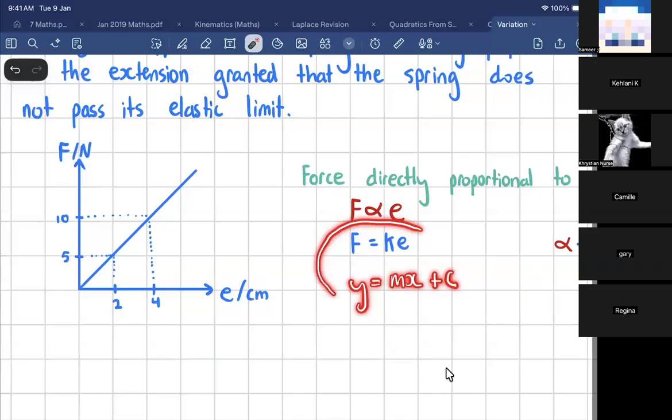So when you compare y equals mx plus c to this, what is y? F. You could see for yourself that F is on the y-axis. What is m?